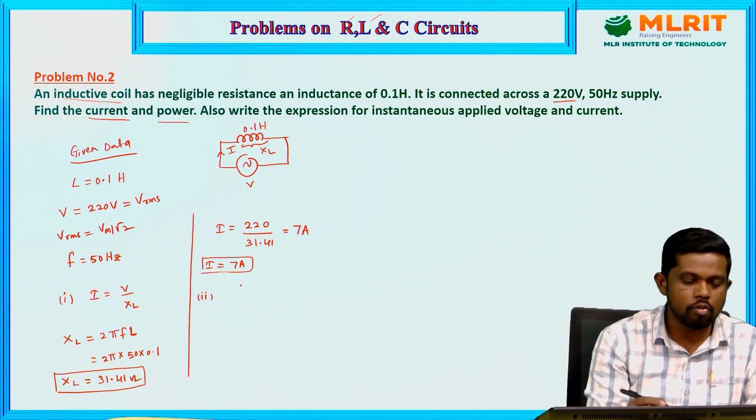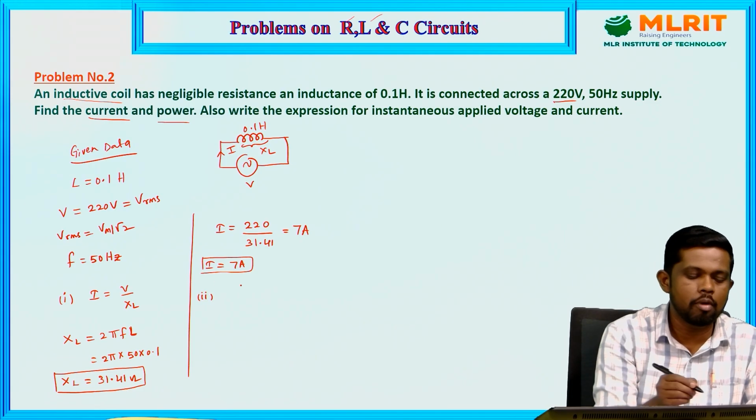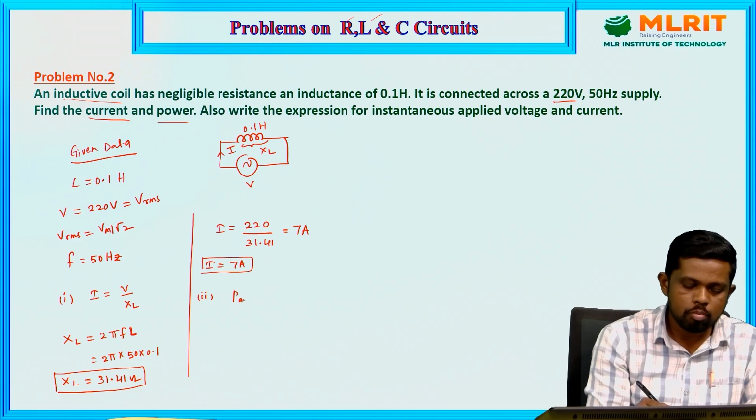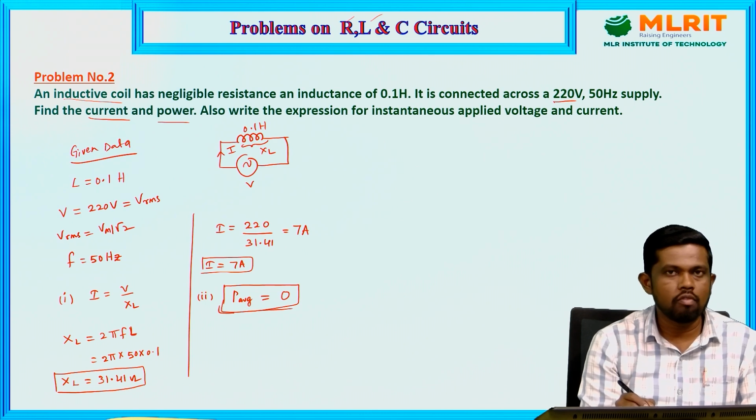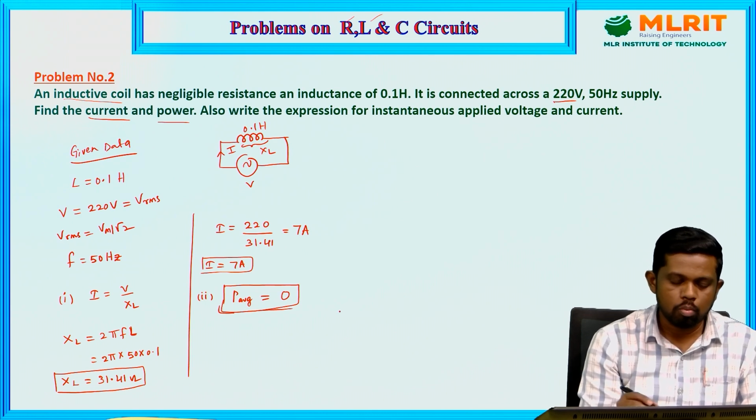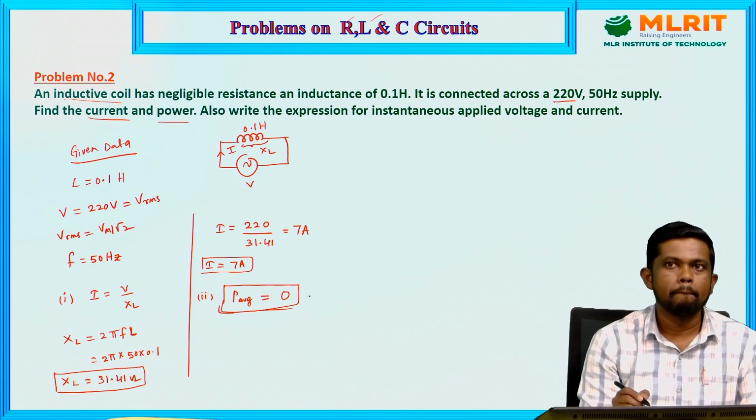Power means average power. They have not asked about the instantaneous power, so it's average power only. The average power taken by the inductor should be equal to 0, because over a complete cycle, the sine or cosine function with double frequency becomes 0. So P average becomes 0 only, because we got Vm Im by 2 sine of 2 omega t.